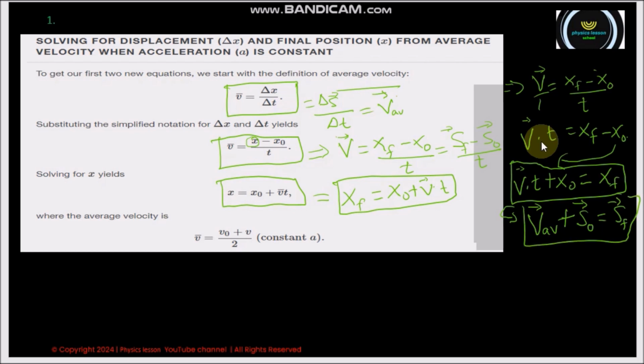Don't be confused by s naught, v naught or u naught, it just means the initial displacement, and this one the final displacement. Don't forget this is very important: the average velocity is v naught, the initial velocity, plus the final velocity, over 2.